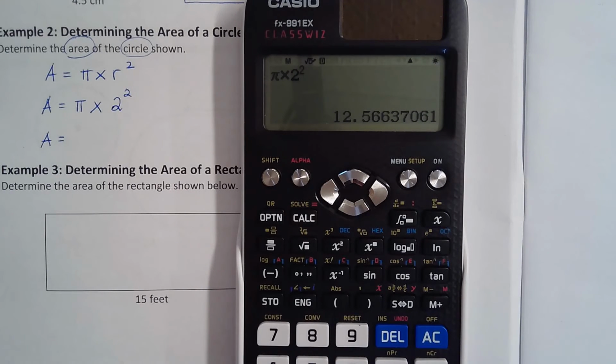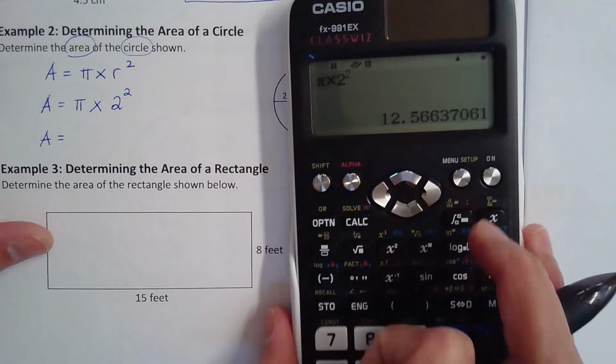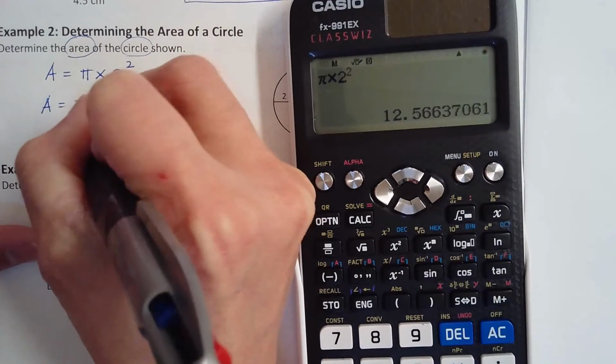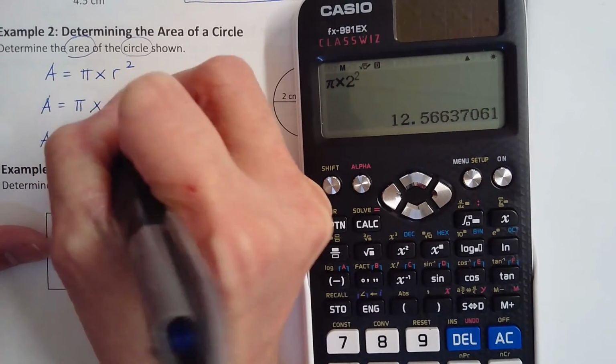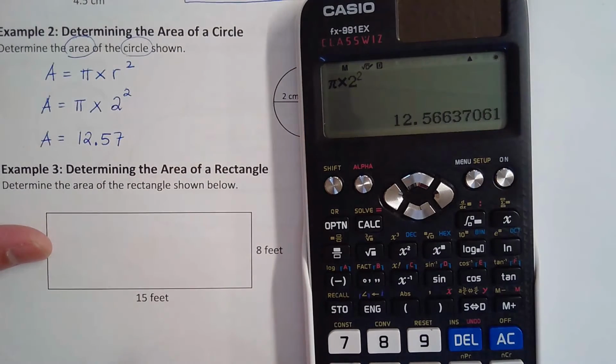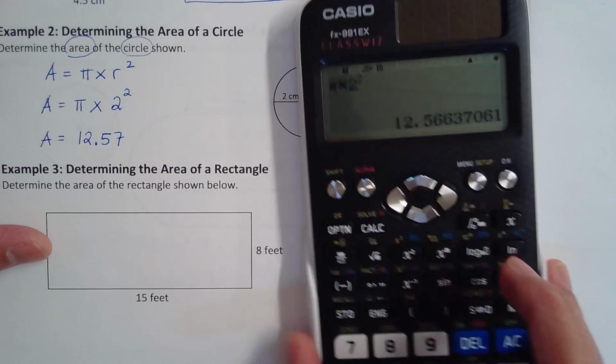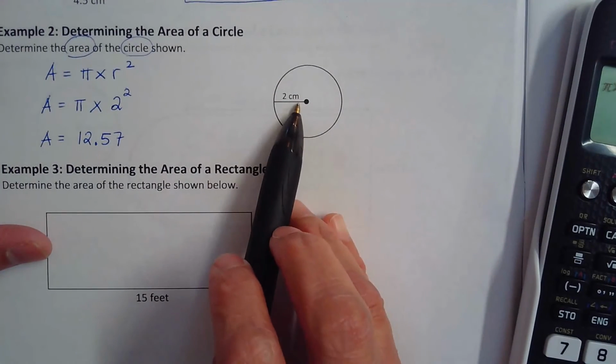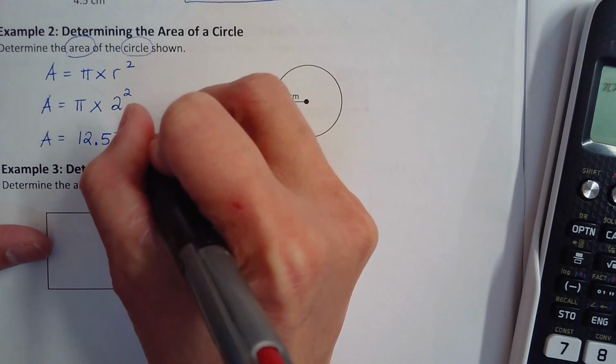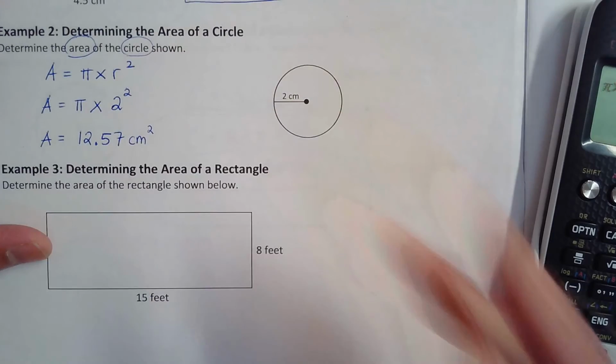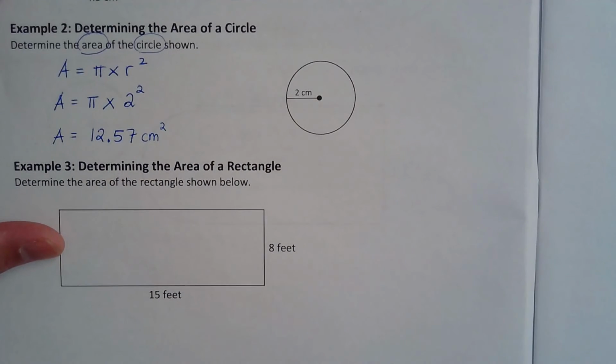Yeah, 57. Okay, thank you for correcting me. 12.57, yeah, if we round it off to 2 decimal places. What's the unit? Centimeters squared.